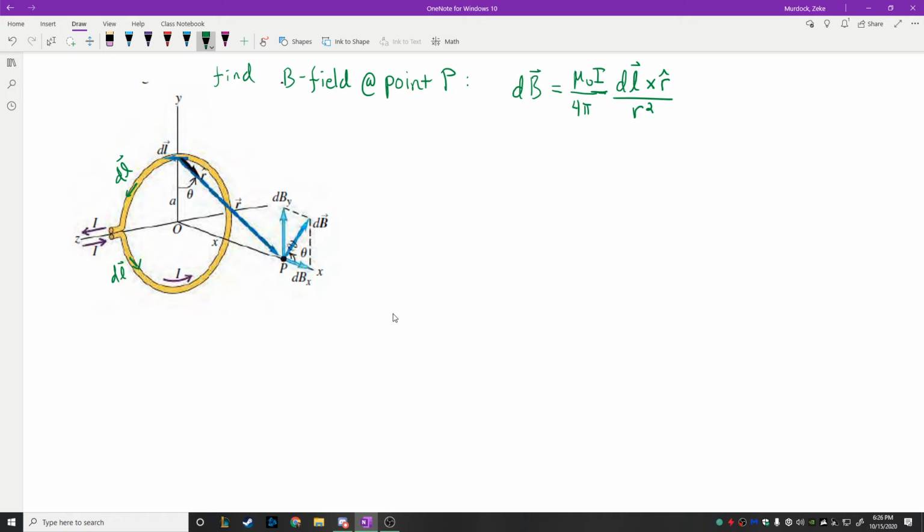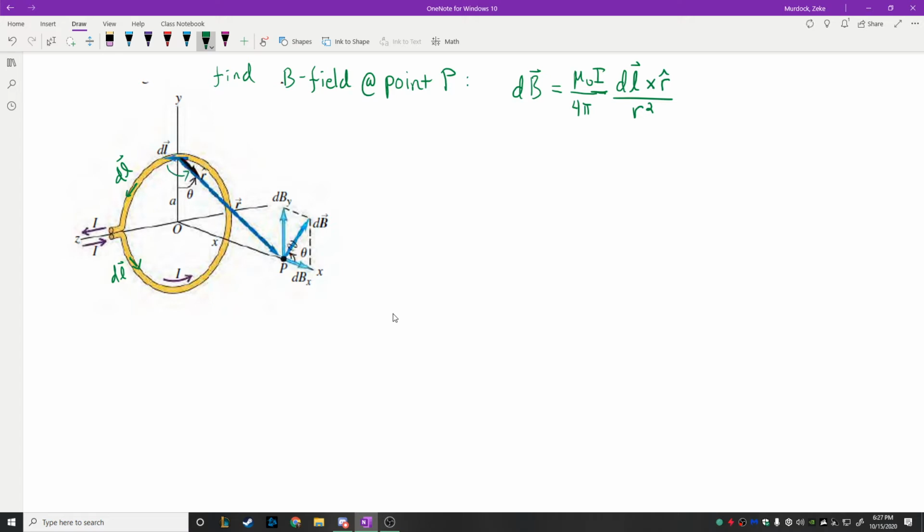And at the point P, then, what you have to do is you have to do dl cross r hat in order to figure the direction of the magnetic field. Now, they've already drawn it in here. But try to convince yourself that that direction makes sense to you. So point your fingers of your right hand in the direction of dl, and then rotate them from dl to r hat in this way.